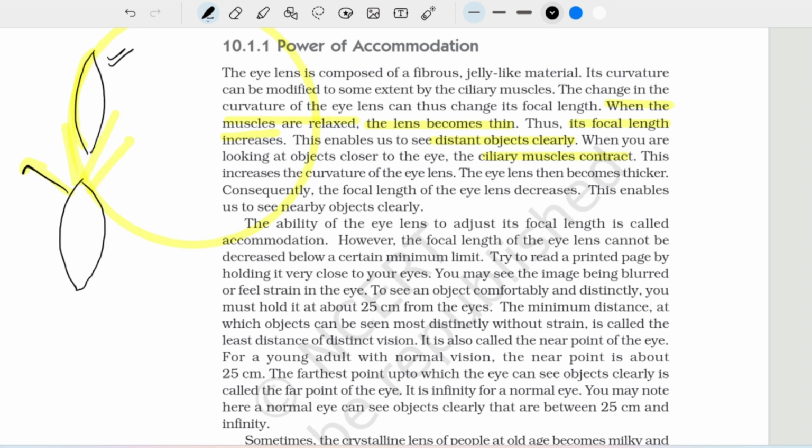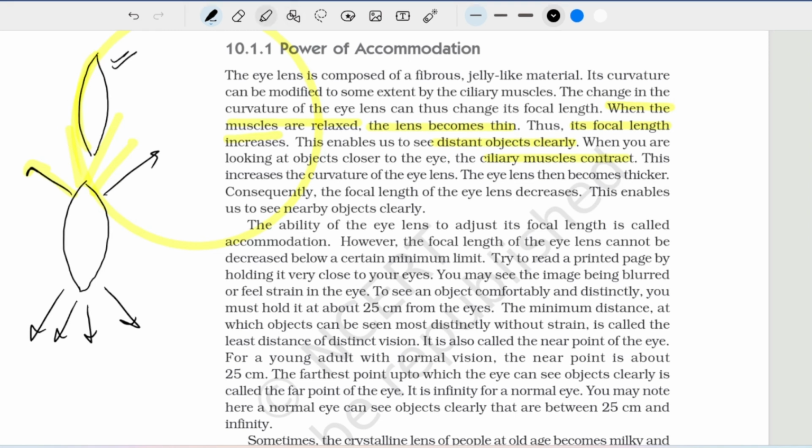The curvature of the lens is increasing. Understanding? Because of that, the eye lens becomes thicker. Consequently, the focal length of the eye lens decreases. This enables us to see nearby objects clearly.